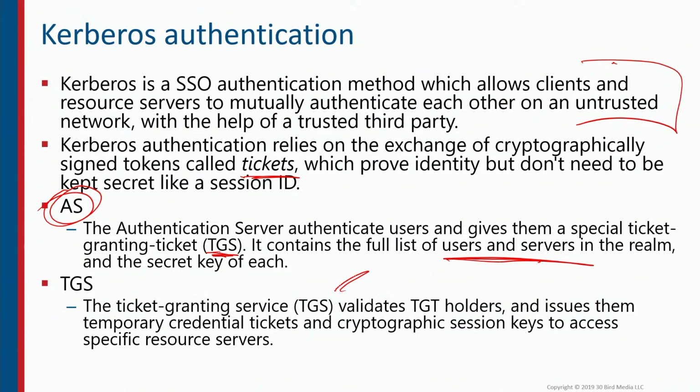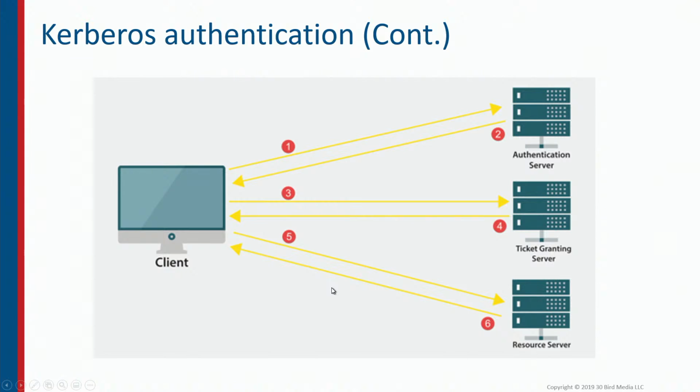The ticket granting service takes a look at that ticket granting ticket and says, okay, you can do this thing on this server. Usually, like you can access these files, or you can use this printer, or all the other things that you're given authentication to.